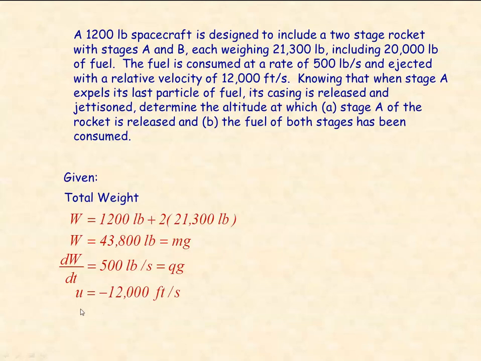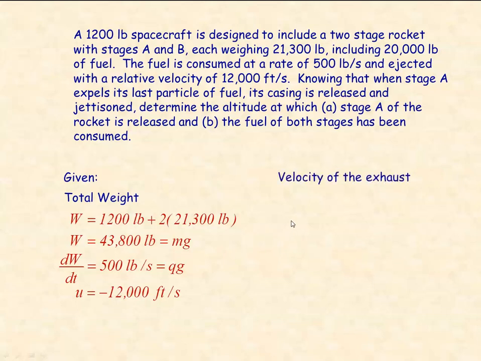Now U, and this is where I differ from the textbook solution. They'll use this as a positive quantity. I'm going to use U as minus 12,000 feet per second, because I'm going to consider upward as positive, and we're told that the fuel is ejected at a rate of 12,000 feet per second. Well, if you're ejecting that fuel downward with respect to the rocket, that's a minus 12,000 feet per second, because it's downward.